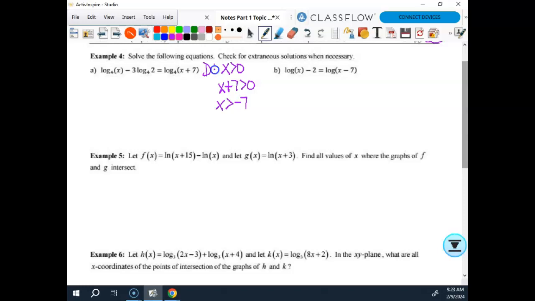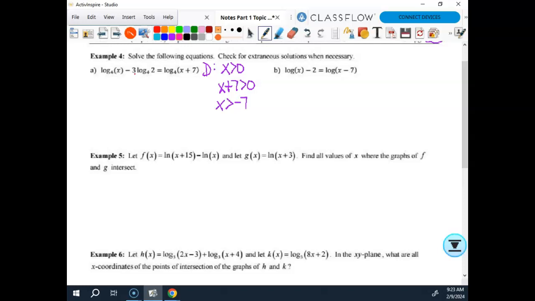Alrighty. So am I eventually going to do the quotient property? Can I just do that right now without doing anything else? The answer to that is no. Why not? Look at this guy right here. I can't put the log base 4 of x over 2. Like that 3, I've got to do something with it.